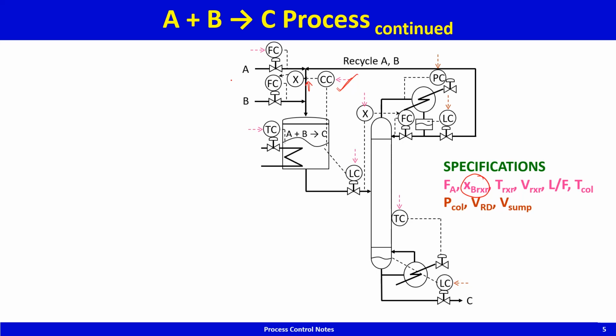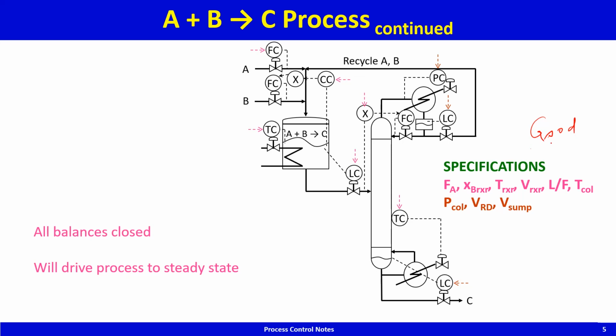It closes all material and energy balances, including the stoichiometric feed balance. And so here all balances are closed. It will drive the process to steady state. This is a good specification set. Good specs. Previous examples were bad specs.